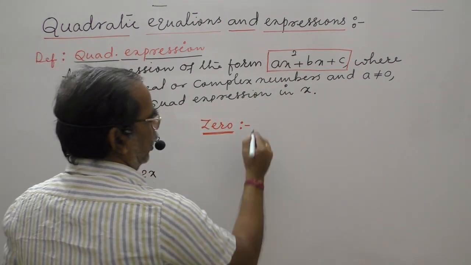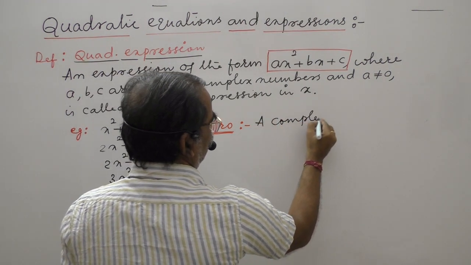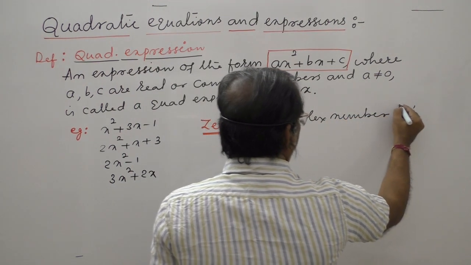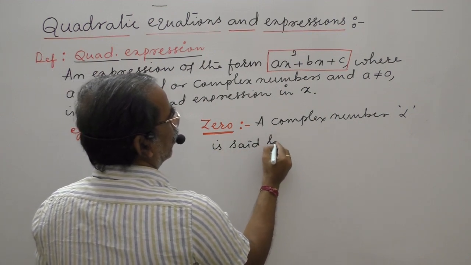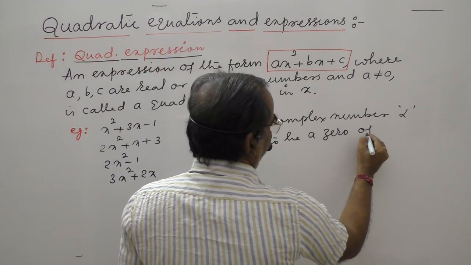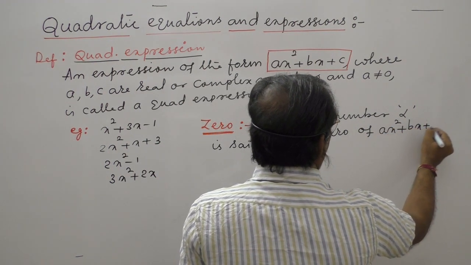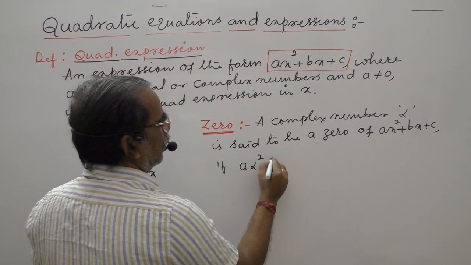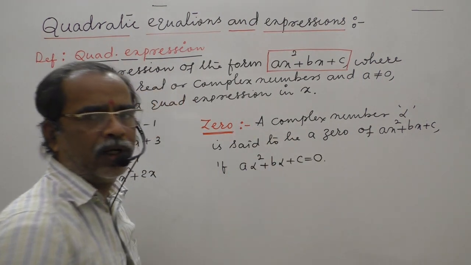For this quadratic expression, a complex number alpha is said to be a zero of ax square plus bx plus c if a alpha square plus b alpha plus c is 0. That's all. Very simple.